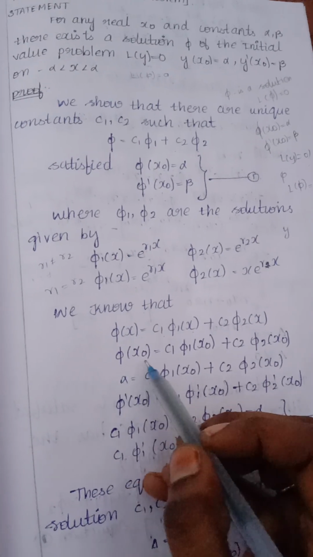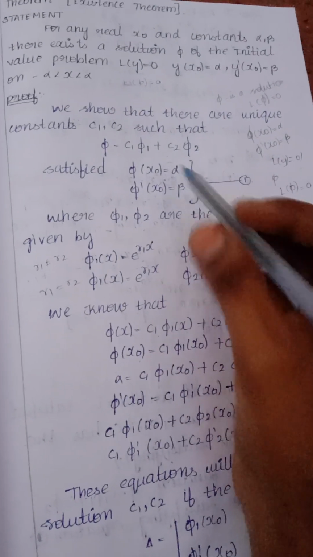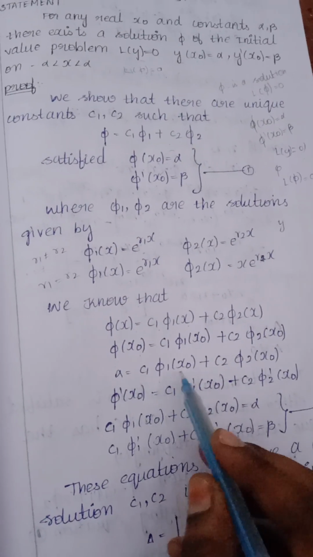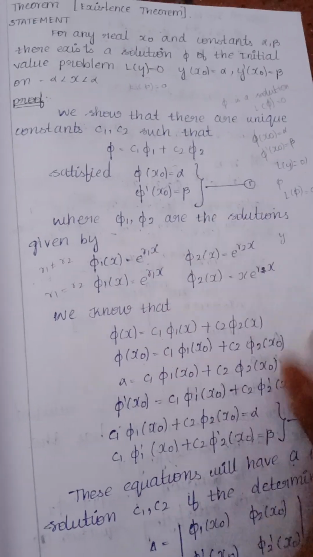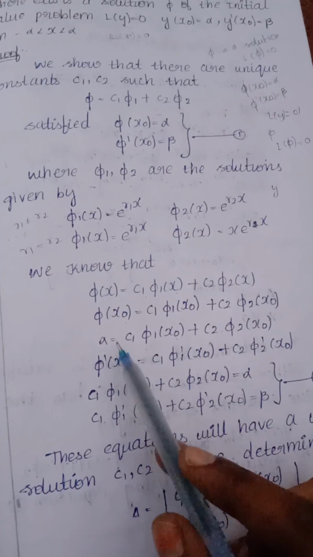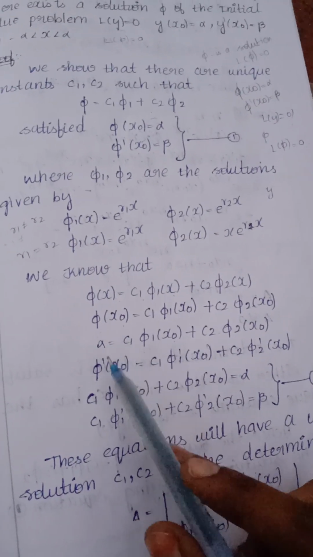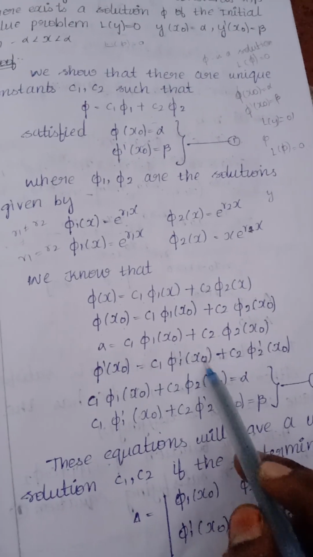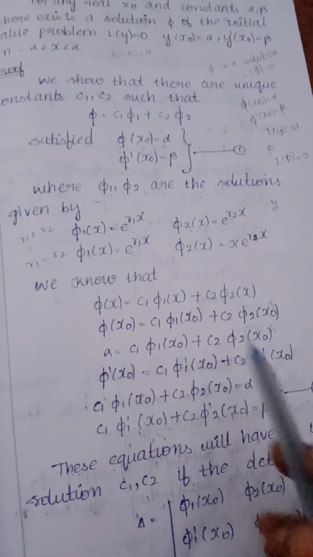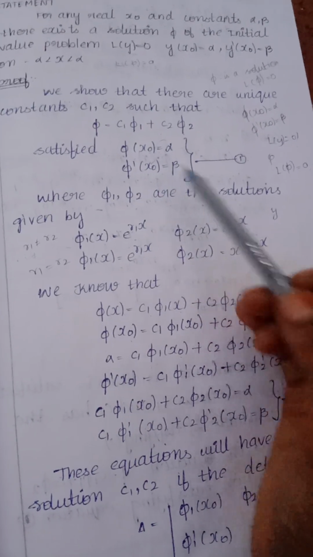We know that phi of x naught equal to alpha, we already assumed that. So alpha equal to c1 phi 1 of x naught plus c2 phi 2 of x naught. And phi dash of x naught is beta. If we differentiate, phi dash of x naught equal to c1 phi 1 dash of x naught plus c2 phi 2 dash of x naught, and phi dash of x naught we know is beta.